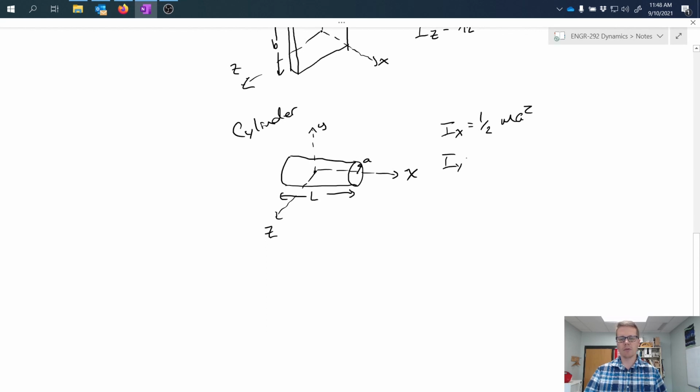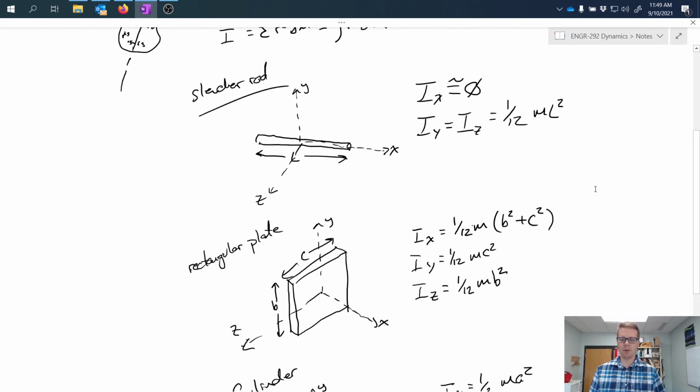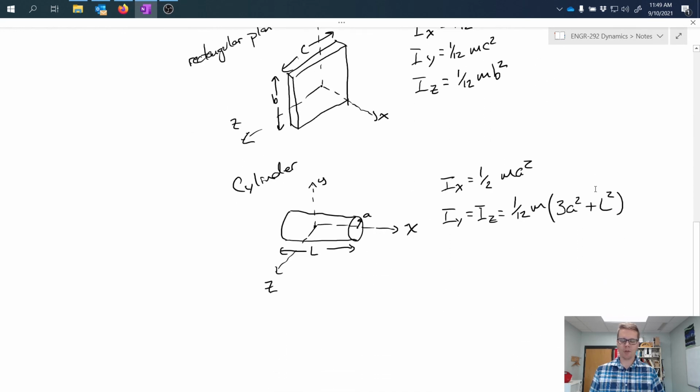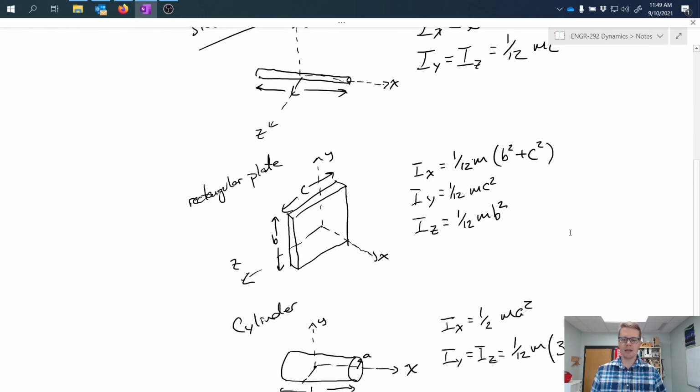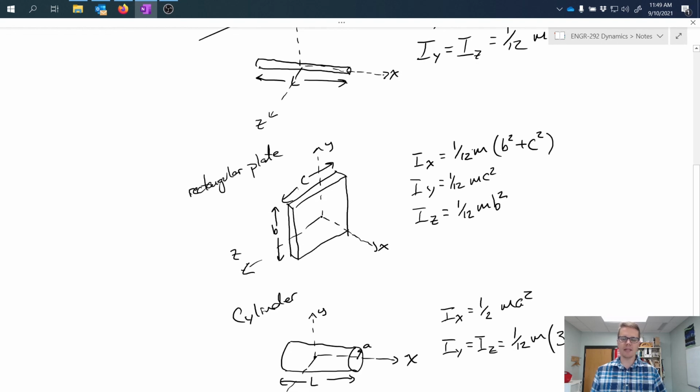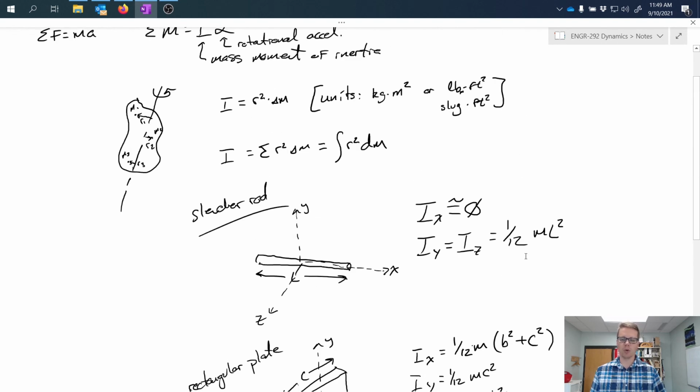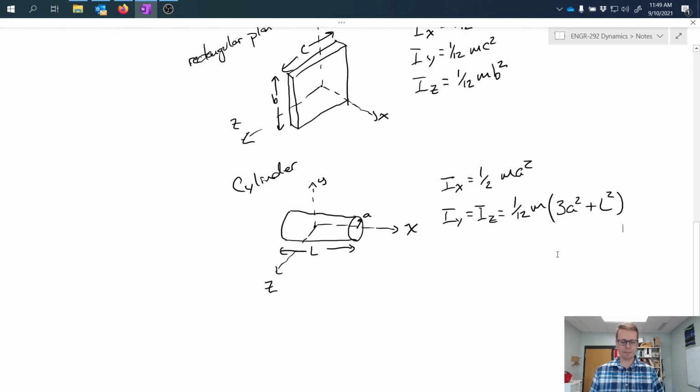We still have rotational symmetry between the y and z axes. But we get some slightly different equations if we go back and compare this against the slender rod example. But of course, we can see that if we take the radius a and take it to 0, our equation works out to be the same as for our slender rod example.